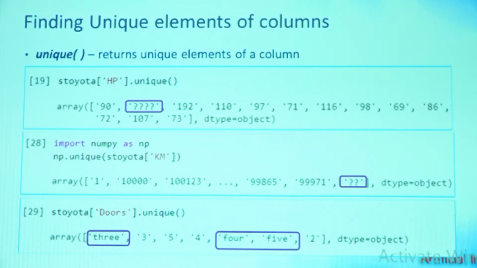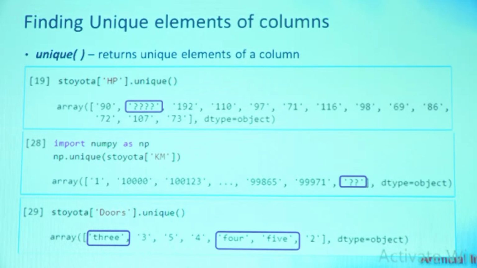It gave me unique value of 4 question marks. But the same unique method was not able to give me question marks out of kilometer. So if that is the case, then call upon NumPy, use the unique method from NumPy and pass this data frame as your parameter. Then you are able to list your missing values. I think it should come now.